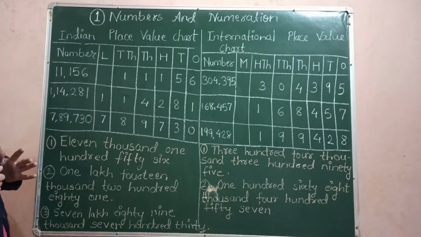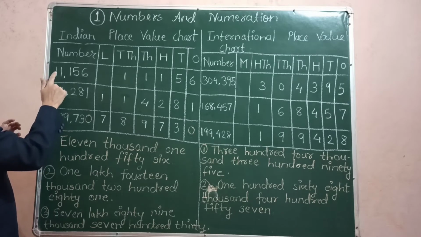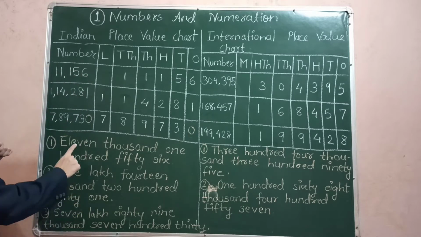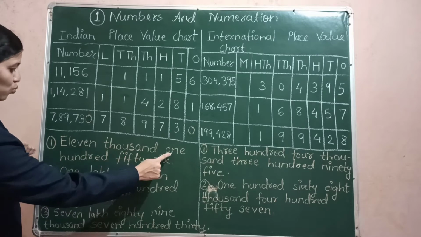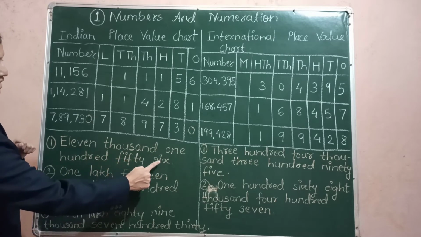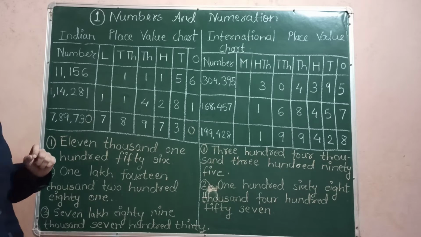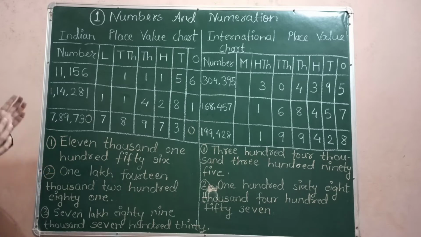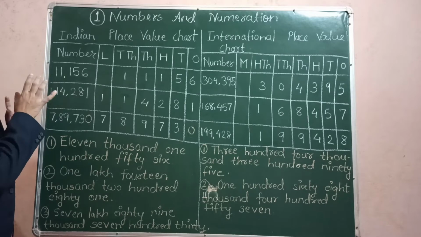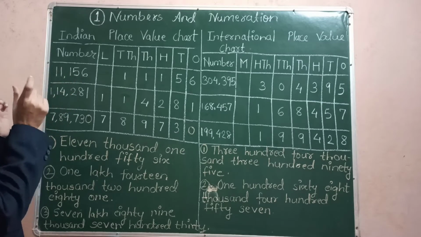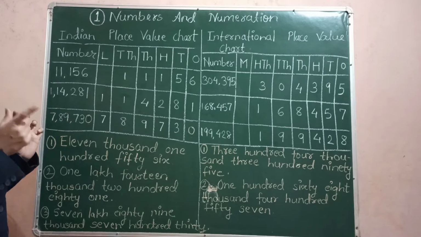So we will read it like 11,156. Just have a close look or listen to me carefully how I separate the digits on the basis of their place values or on the basis of their periods.